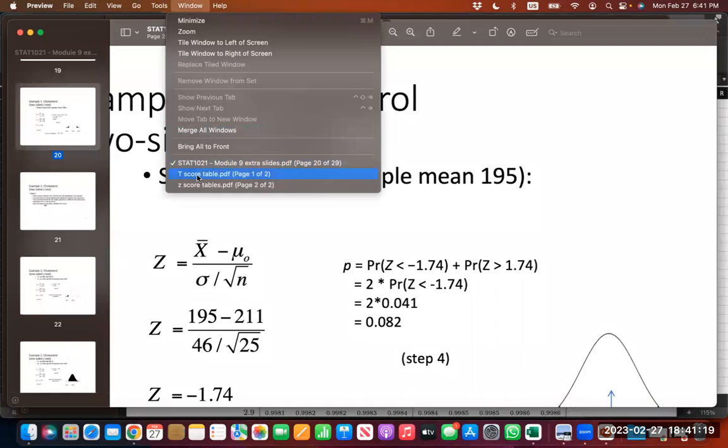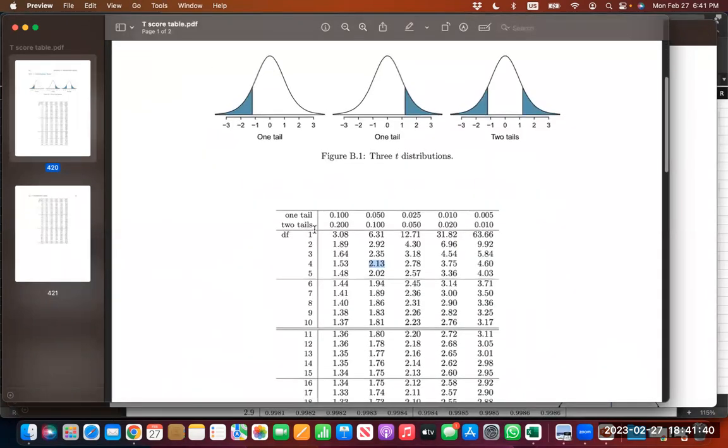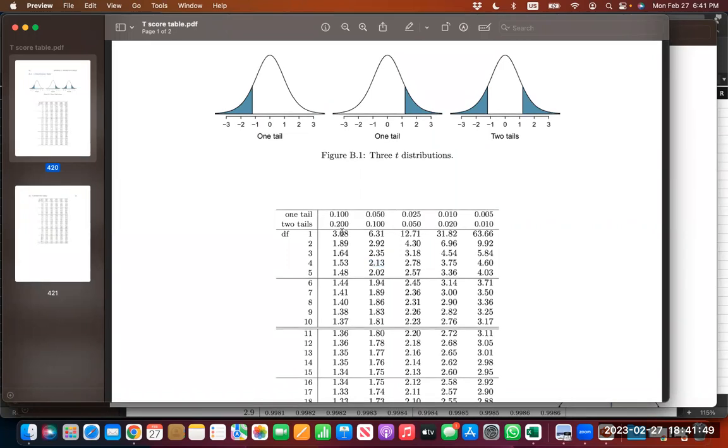That is also on your Canvas. On your Canvas are 3 files today in the module. In module 12, you have the slides, the Excel spreadsheet, and the T distribution table. On the T distribution table, just look at it in the same fashion as the Z distribution table. It's the same principle. What's different now is you have the degrees of freedom on the rows, so you're following these along, and in the column header you have 1 tail and 2 tails.